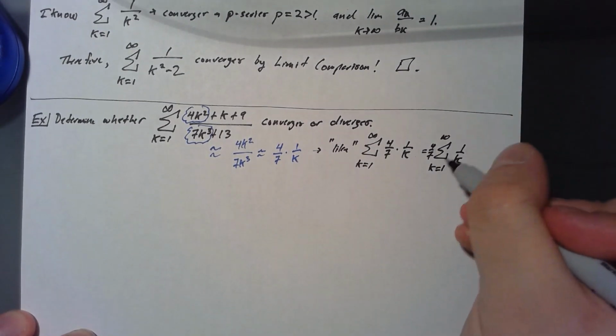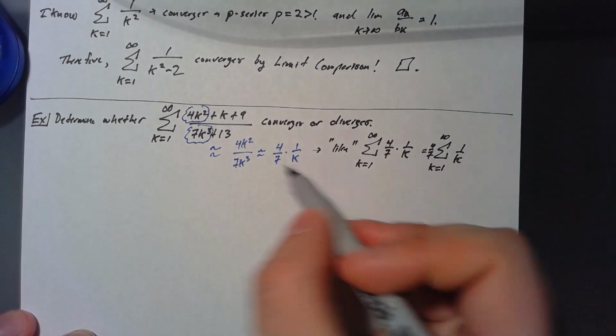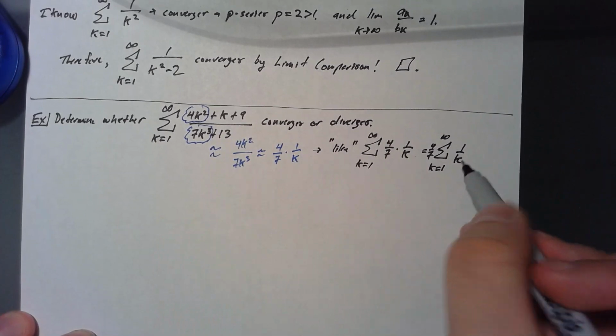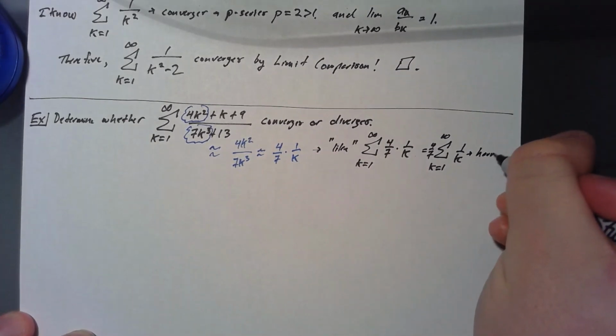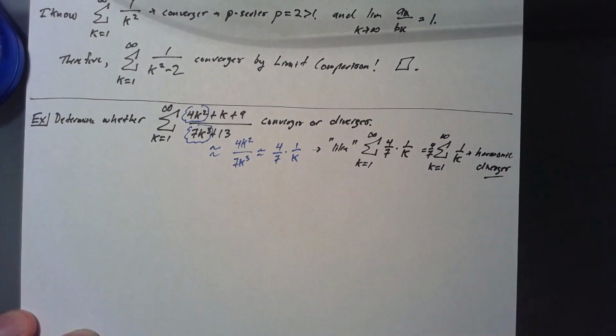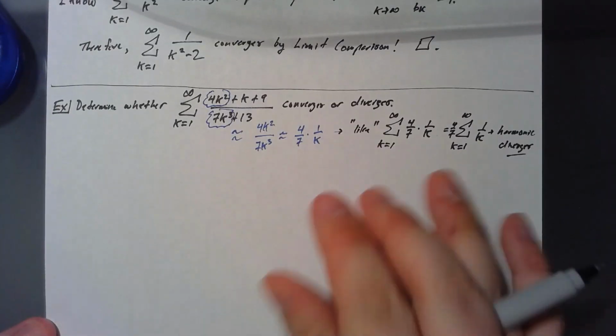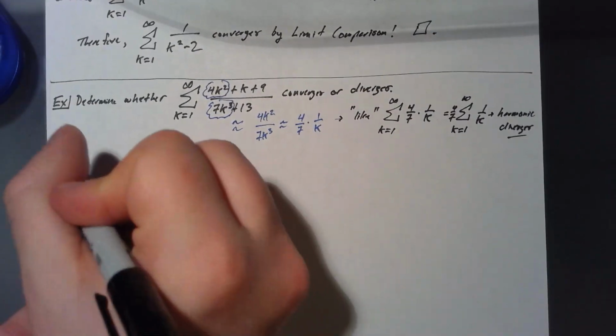This is still harmonic, regardless of what coefficients are out here. So this series is very like this series, which is harmonic, which diverges. So, all right, I want to think about using limit comparison.